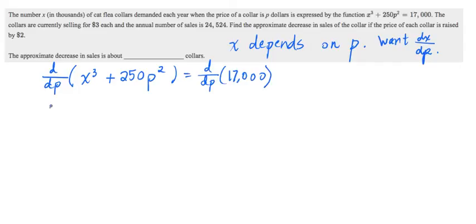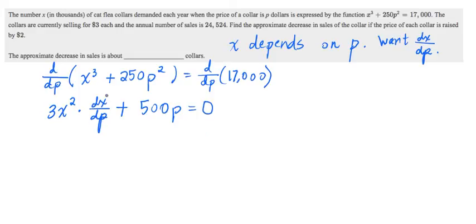On the left we get 3x squared, by the chain rule, times the derivative of x with respect to p, dx dp, plus, now p is the independent variable, so when we differentiate 250p squared, we just get 500p to the first, and the derivative of a constant is 0.